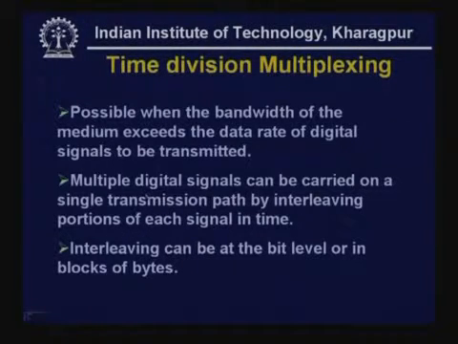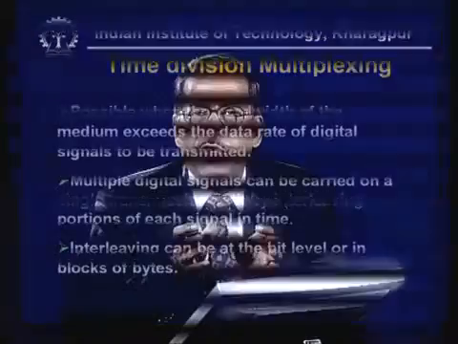Here, multiple digital signals can be carried on a single transmission path by interleaving portions of each signal in time. We shall interleave different signals one after the other and send them through the medium. Interleaving can be done at the bit level or in blocks of bytes. It may be possible to do the interleaving at the bit level, say one bit of one signal, second bit of another signal, a third bit of another signal, and so on.